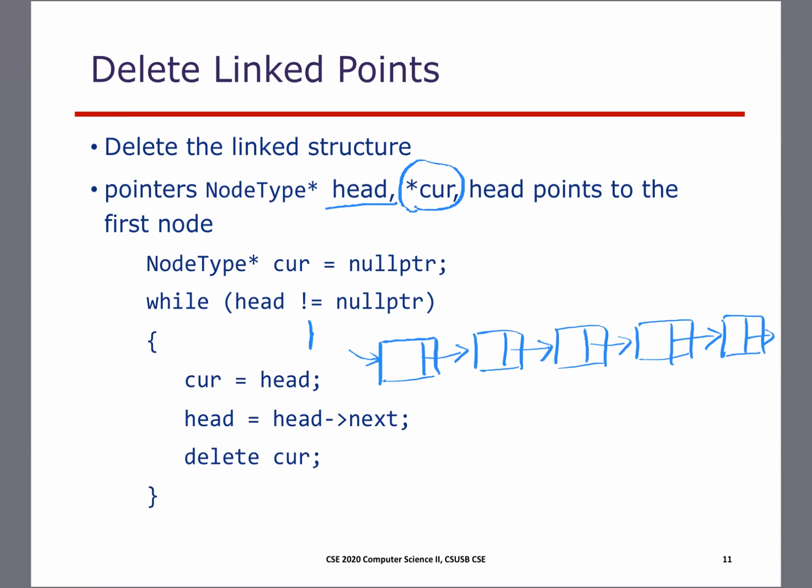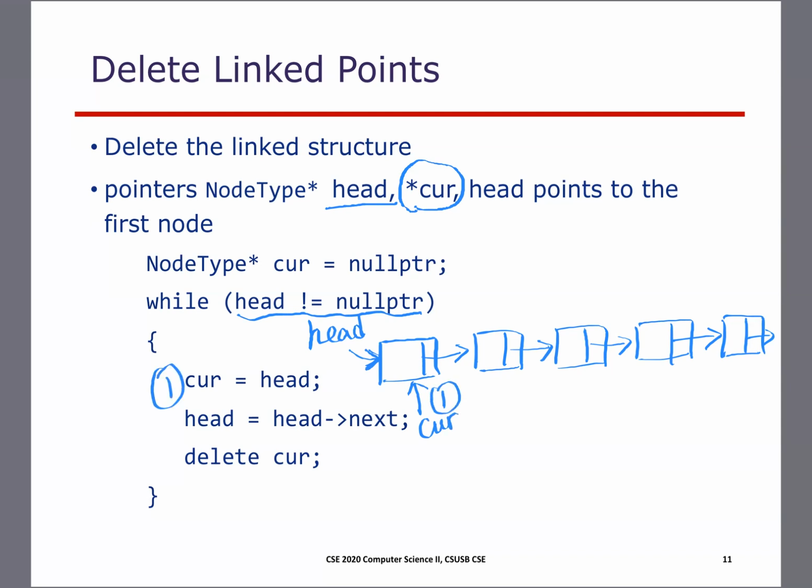Head points to the first node. If the head is not a null pointer, we enter the while loop, because that means we're not at the end of the linked list. So step one, we set current equal to head.